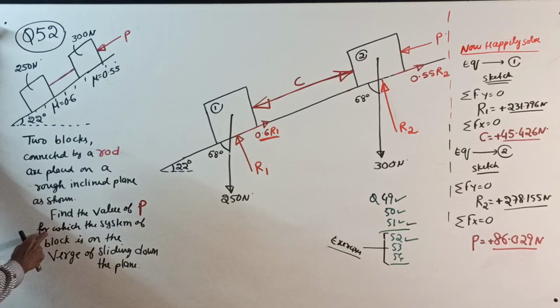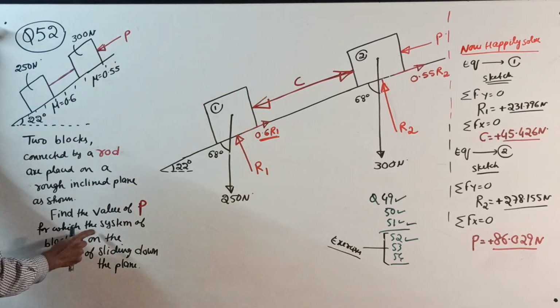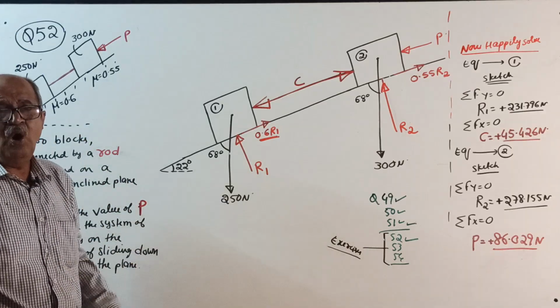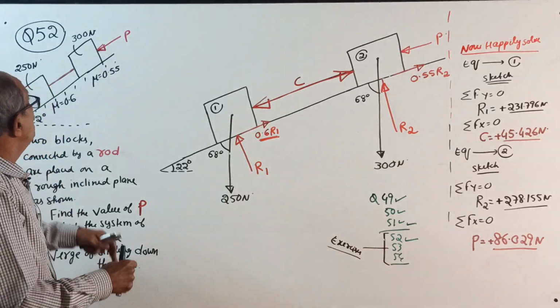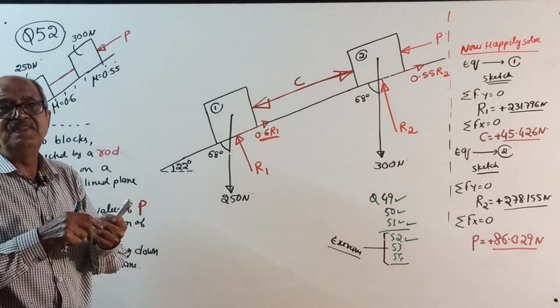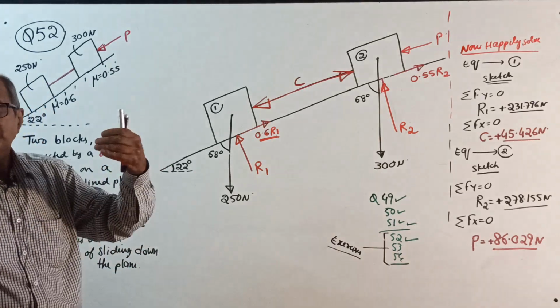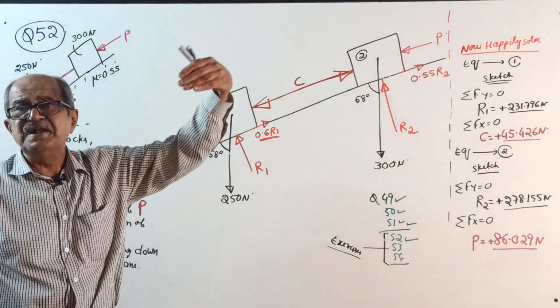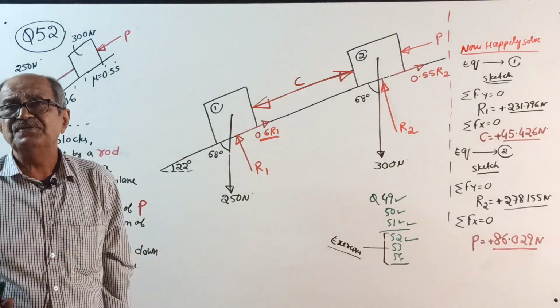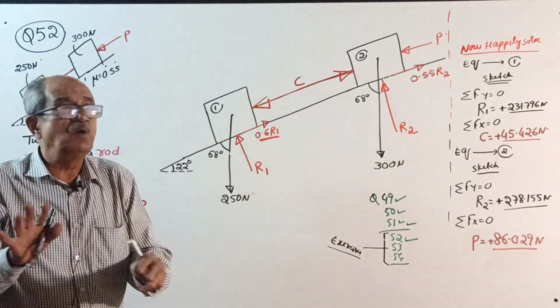Find the value of P for which the system of blocks is on the verge of sliding down the plane. Or they can ask: what is the least or minimum value of P to slide it down? That is nothing but finding the value of P when the system is on the verge of sliding down.